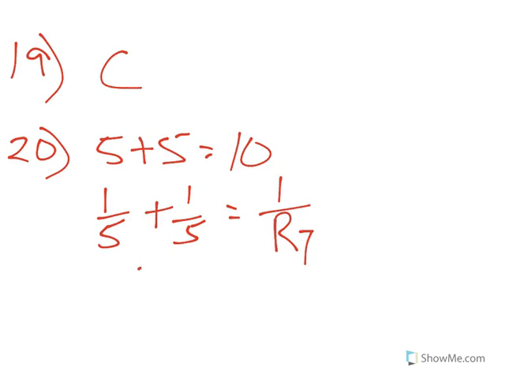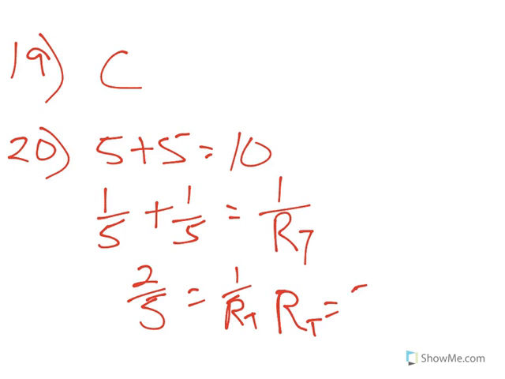So this would give us 2/5 equals 1 over R total. Remember, you have to flip it, you have to invert it, so the total resistance would be equal to 5 over 2, or 2.5 ohms. So in parallel, it is less. The total resistance in parallel is less, so the answer should be A. So number 20 should be A.